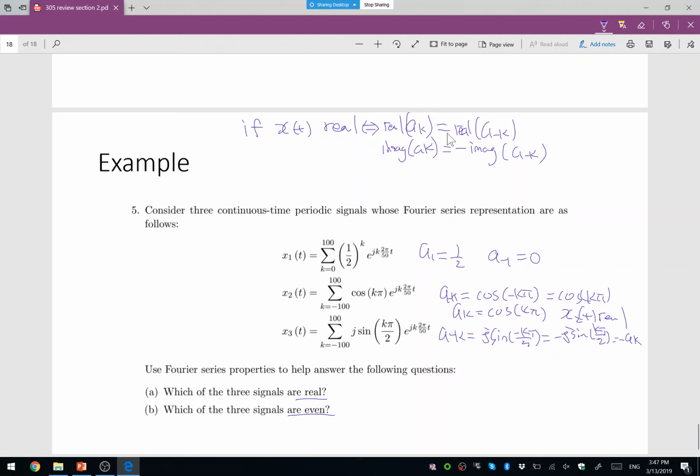Because this is pure imaginary, there's no real part of a_k. So the real part is all zeros, which is satisfied, and the imaginary part condition given by this one is satisfied. So x3 is also real. Is this clear?